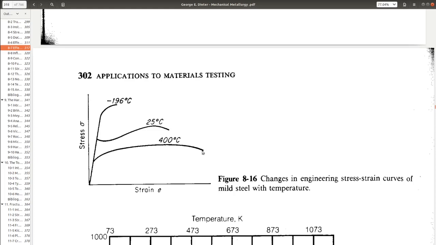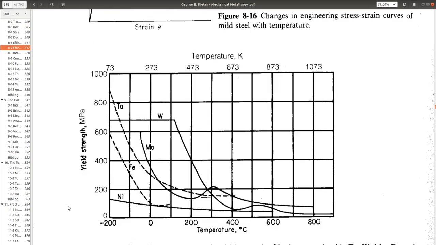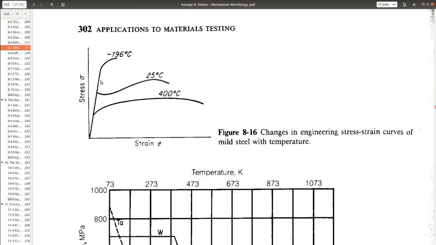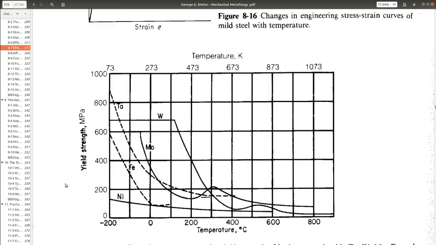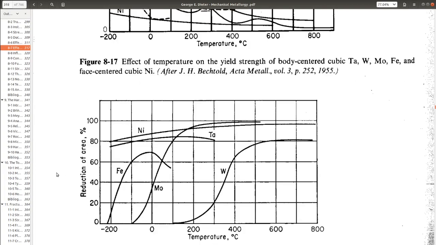Okay, and from this picture, we can observe one thing, which is the change in yield strength with respect to the temperature. If you see, the yield strength is actually decreasing. Okay, and it's been observed that the decrease for different materials is kind of exponential decay. And then this is the reduction of area.